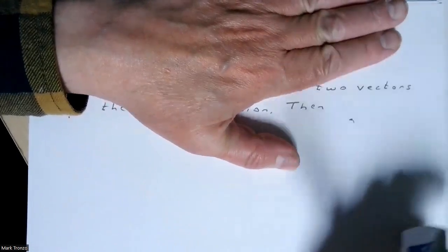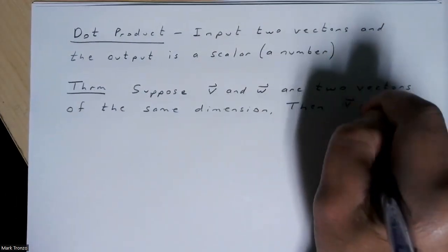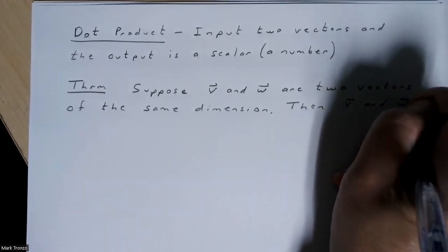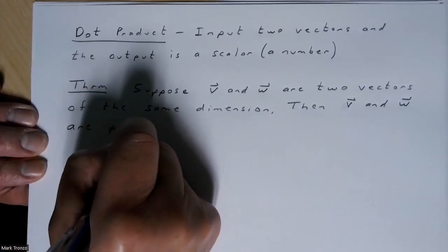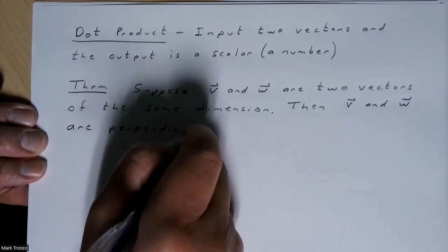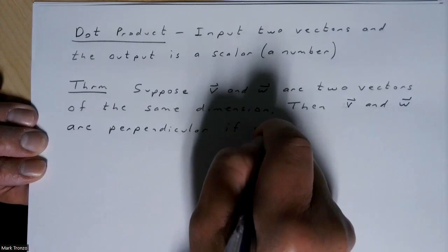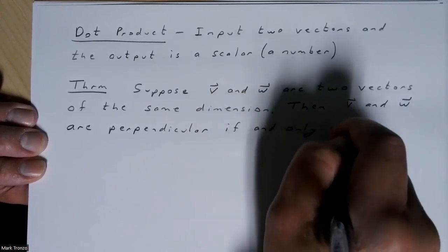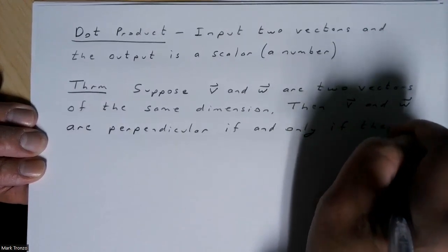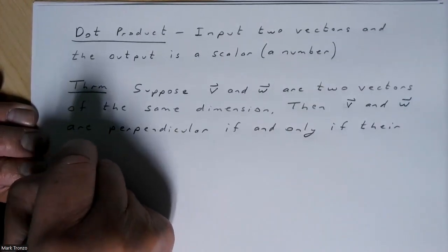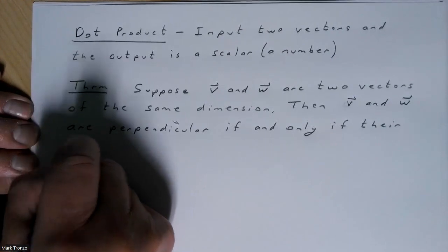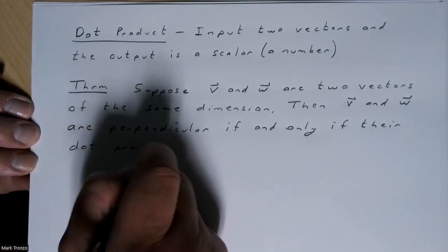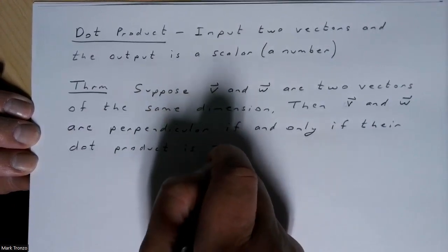Then V and W are perpendicular if and only if their dot product is 0.